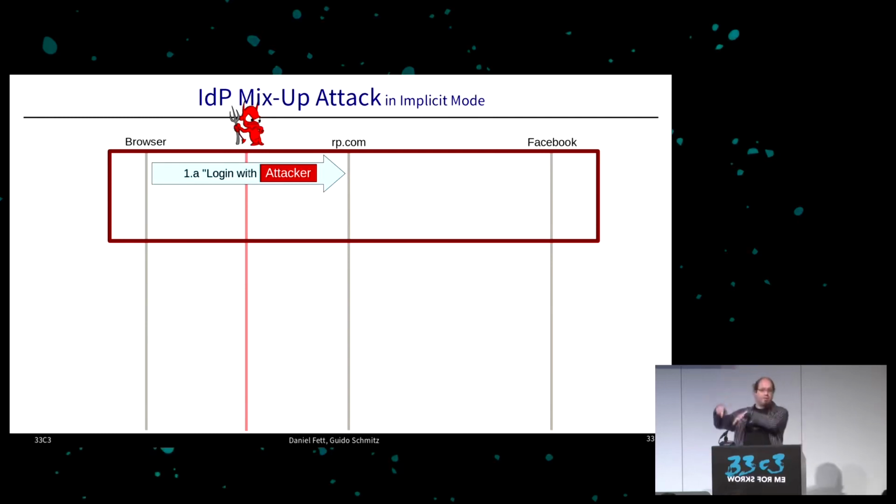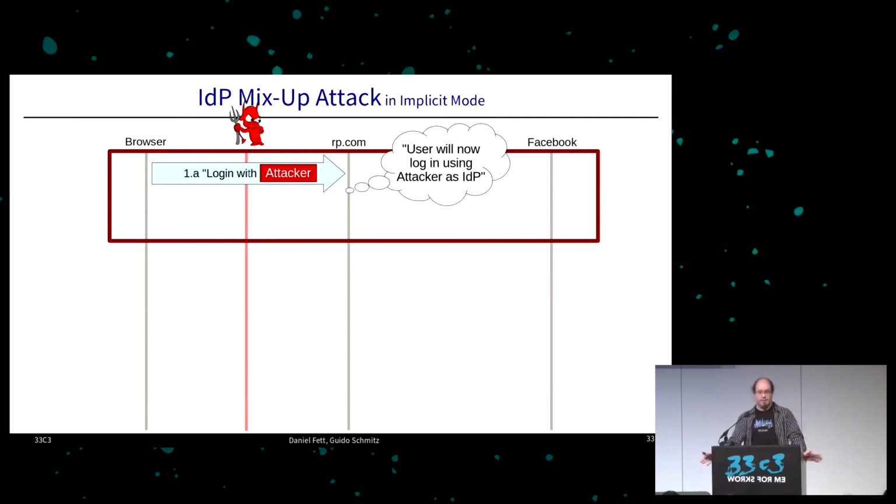Remember, you can have a lot of different options of identity providers, and with some extension, this can also be extended dynamically just by entering some domains. And then the relying party thinks, okay, that user wants to use the attacker identity provider. It answers with a redirect to the attacker's web page.